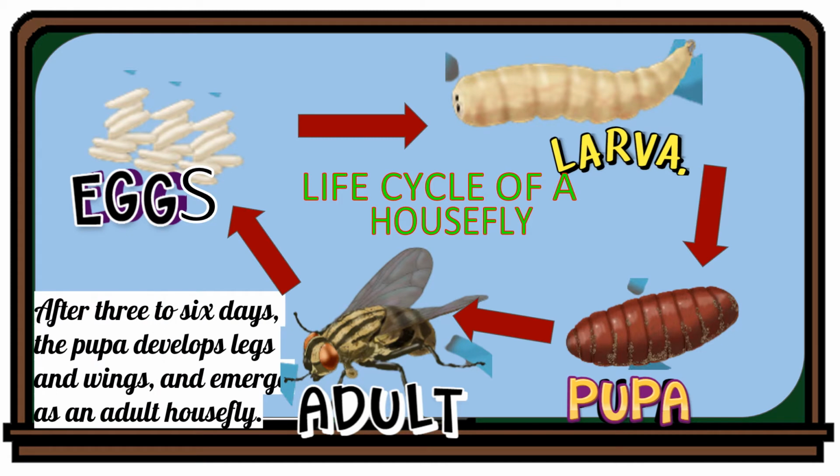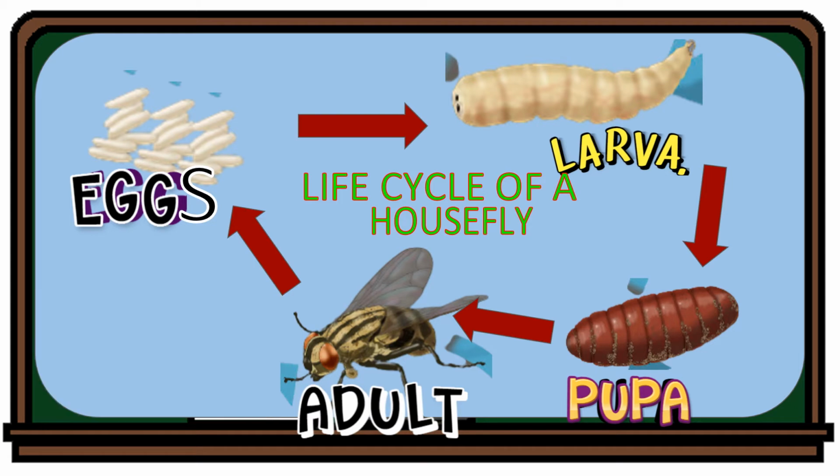After 3 to 6 days, the pupa develops legs and wings and emerges as an adult housefly. The life cycle of a housefly is another example of complete metamorphosis because it has 4 stages, which are the eggs, the larva, the pupa, and the adult.